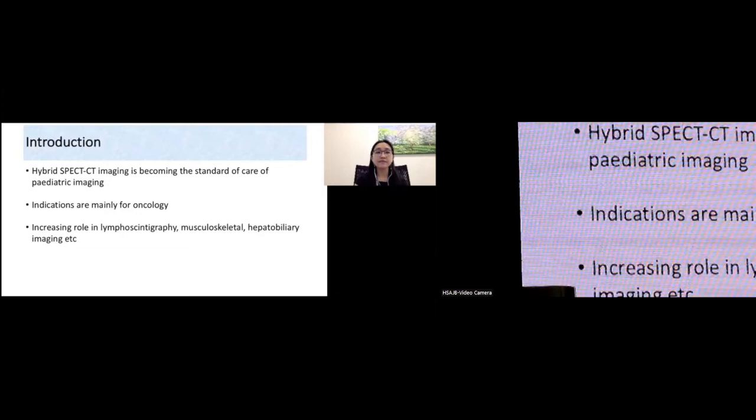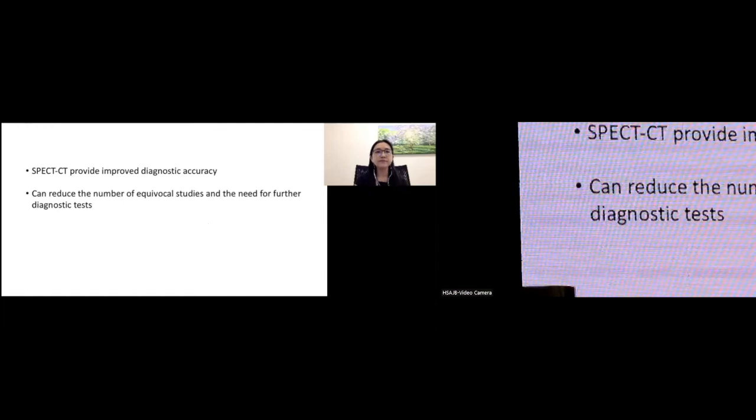There is an increasing role in lymphoscintigraphy, musculoskeletal, and hepatobiliary imaging as well. SPECT-CT provides improved diagnostic accuracy. It can reduce the number of equivocal studies and the need for further diagnostic tests.